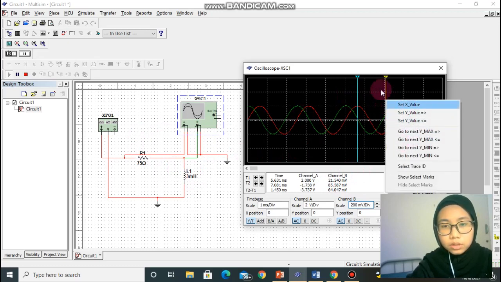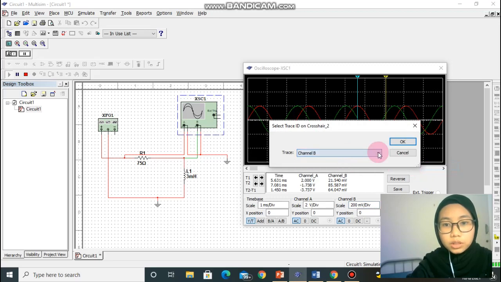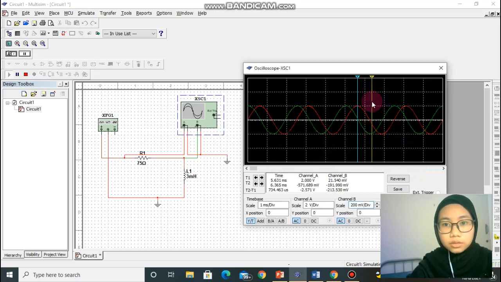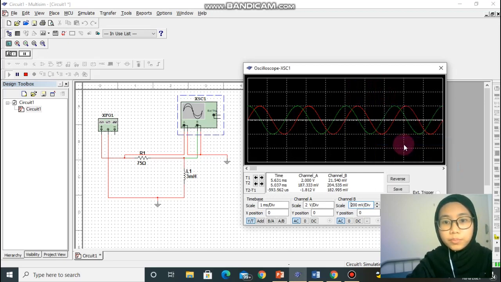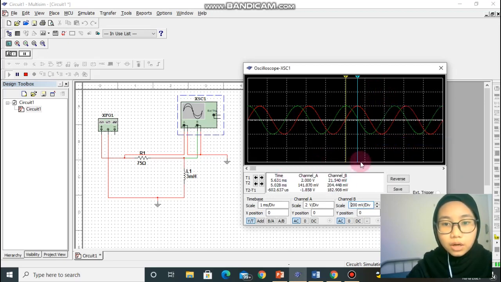So I will change the trace ID to channel B, and then this cursor will go to the next maximum. Then we can just take the V out from channel B, which we use for cursor 2. So 204.448 millivolt is the value of V out for the inductor.